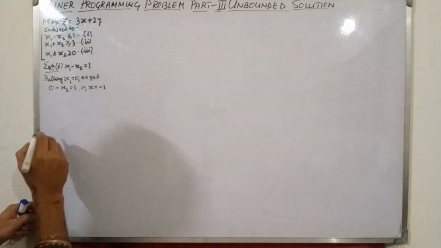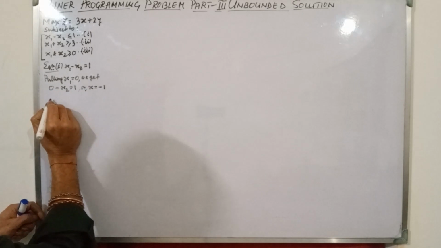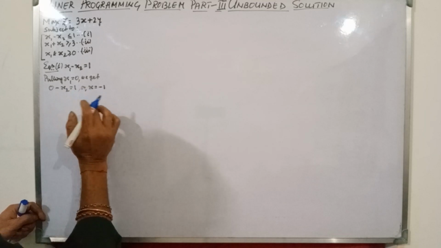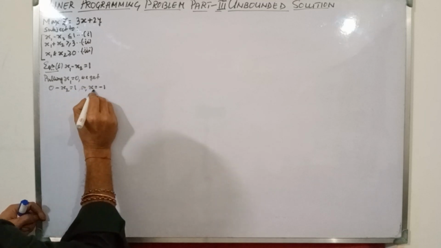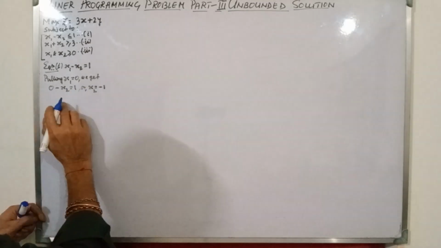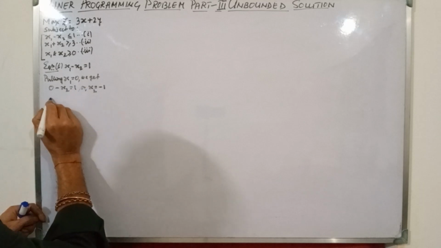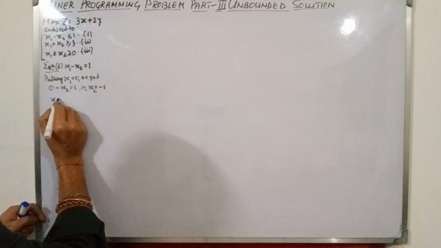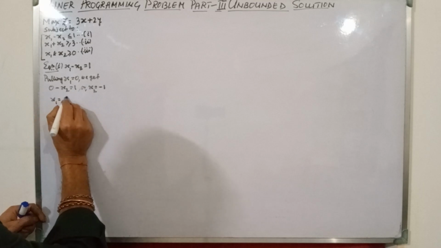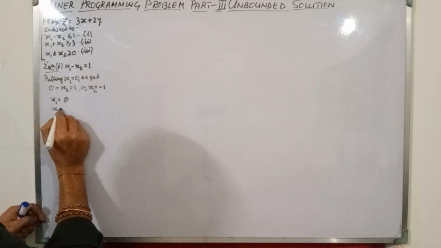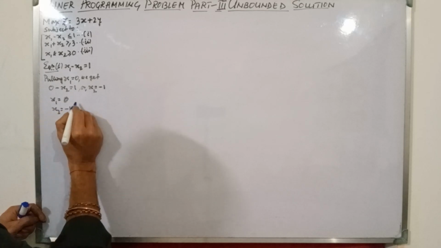So we get one set of values as x1 equals 0 and x2 equals minus 1.